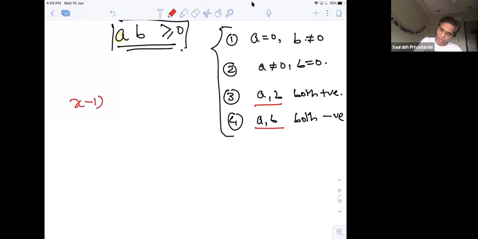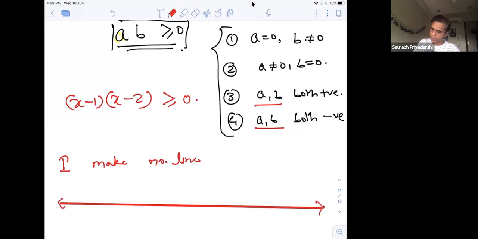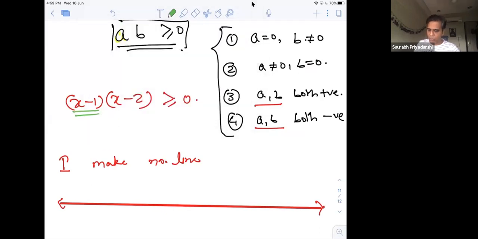right? How to use this, right? If I'm writing x minus 1 into x minus 2 greater than or equal to 0, एक छोटा सा एग्जाम्पल देता हूँ, right? First step, always first step will be make number line, बड़ा सा नंबर लाइन बना दिया, right? अब इस नंबर लाइन में what you have to do, step 2, when this will be equal to 0, x minus 1 कब 0 होगा, x minus 2 कब 0 होगा.